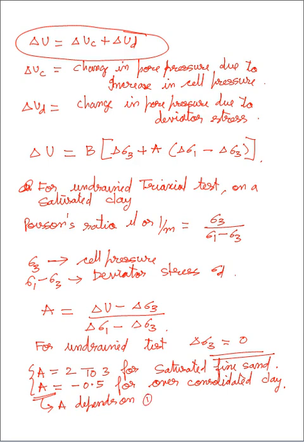Number one, it depends on strain, it depends on anisotropy, it even depends on sample disturbance, and it depends on OCR, that is the over consolidation ratio. Okay, thank you very much.